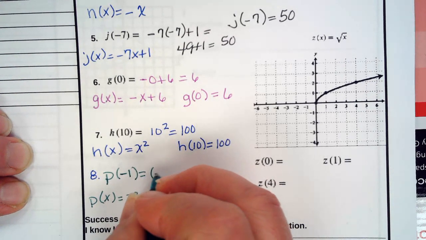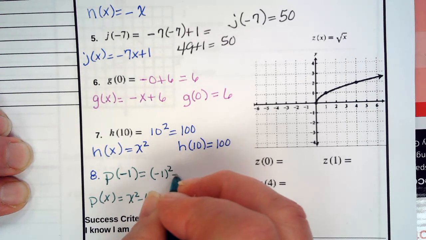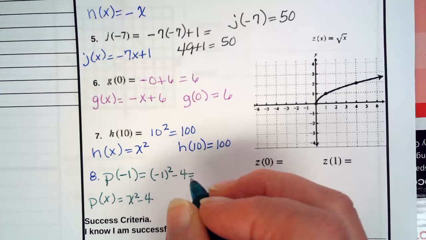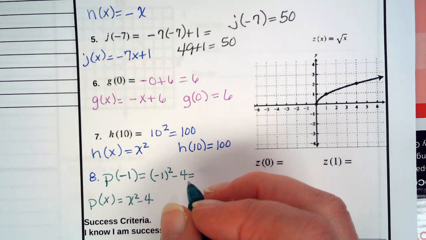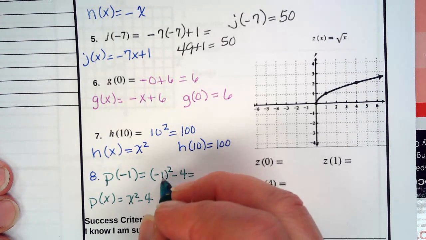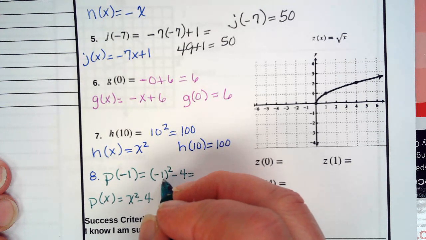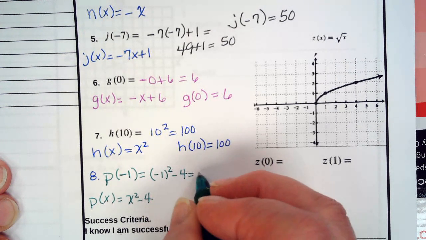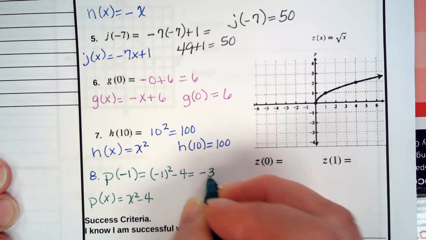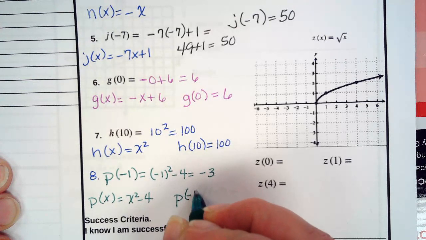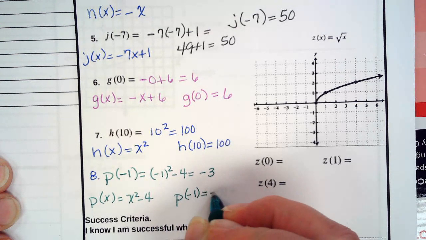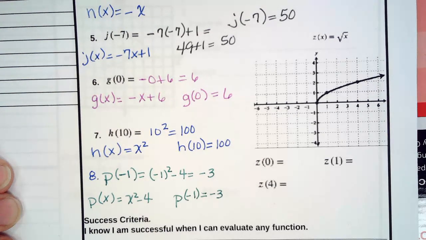So this will be negative 1 squared minus 4. Negative 1 times negative 1 is 1. Minus 4 is negative 3. So when I take my function p and negative 1 is my input, my output is negative 3.